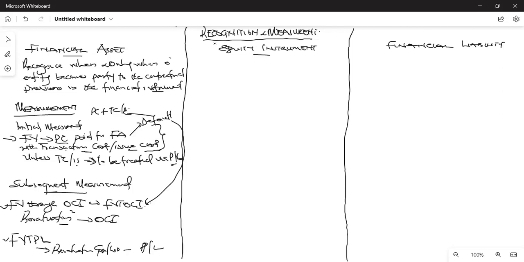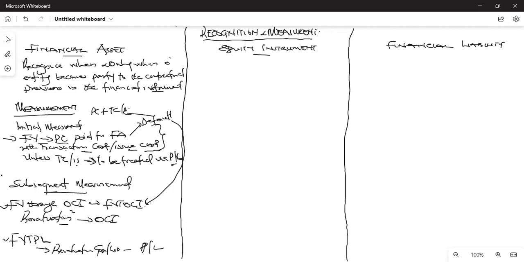If you were there as an equity representative, you will also recognize. So as for the recognition, it cuts across. Immediately you become a party, it also means you have a financial liability if that is your position in the contractual provisions.